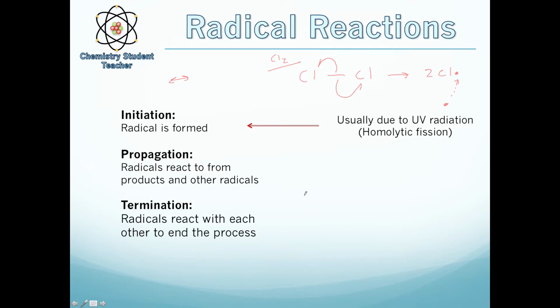This is where radicals come together and react together, such as 2 chlorine radicals. They can come together and form a stable molecule that isn't a radical anymore, as this bond could reform, for example, like this. And that's how these processes of radical reactions end.